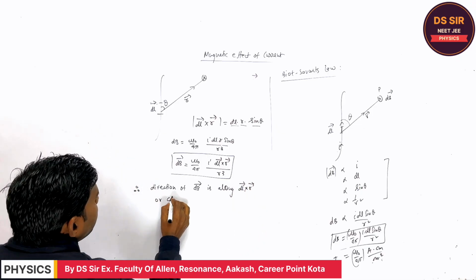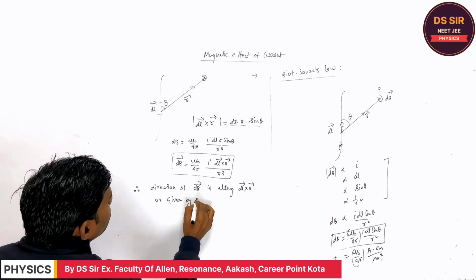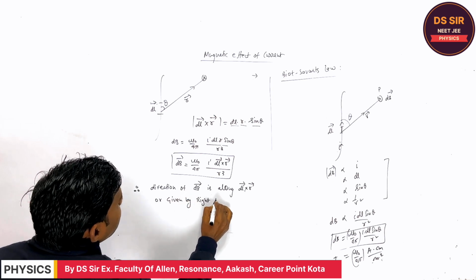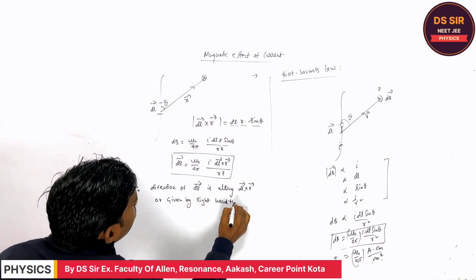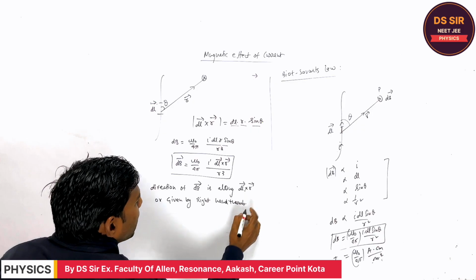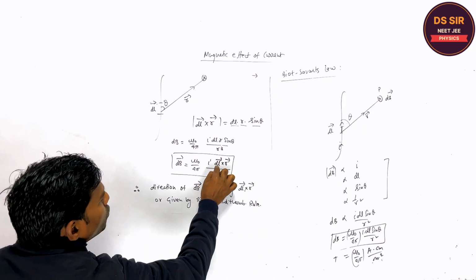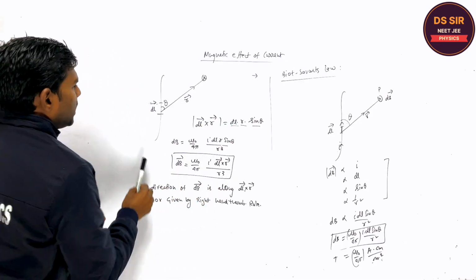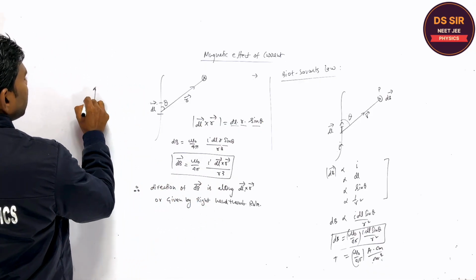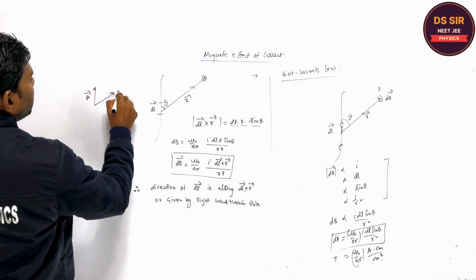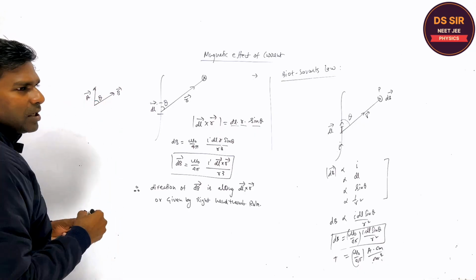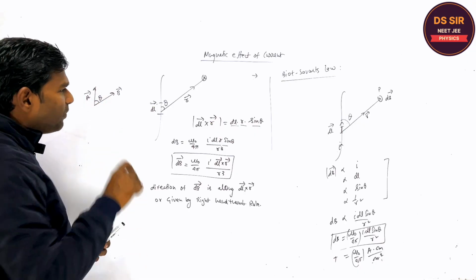What is the right hand thumb rule? I will explain this. First, you consider this is dl cross r. Suppose this is the vector A, this is the vector B, and this is the angle theta. Can you tell me what is the direction of A cross B?